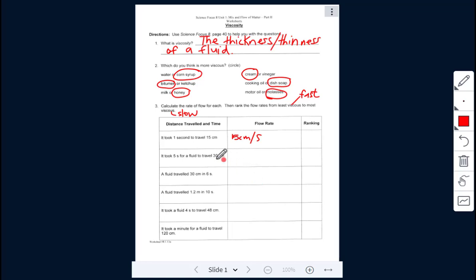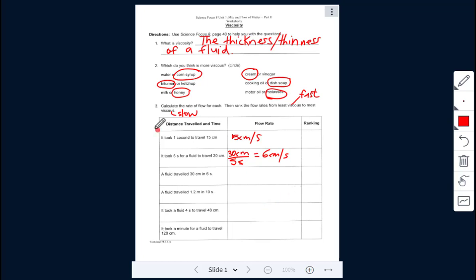So for example, here we have it took 5 seconds for a fluid to travel 30 centimeters. So that means it was 30 centimeters per 5 seconds. So we need to change that to 1 second, so we just have to divide. So 30 divided by 5, that gives me 6 centimeters per second.